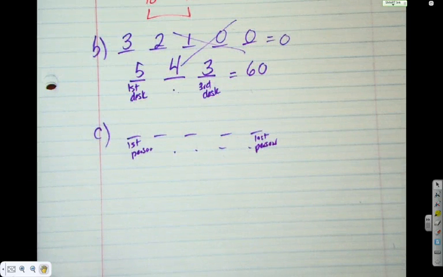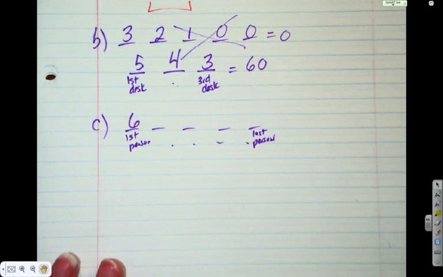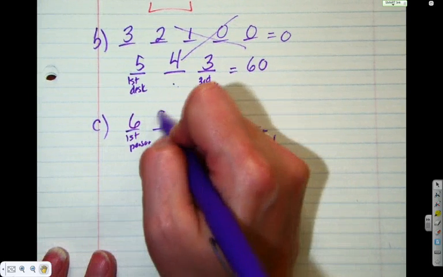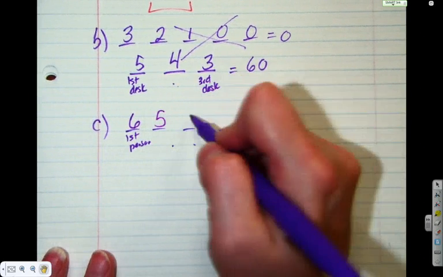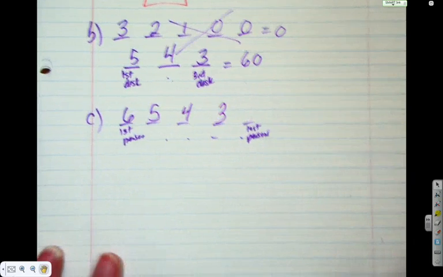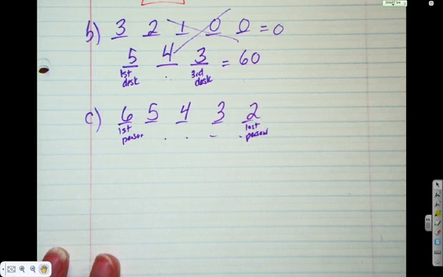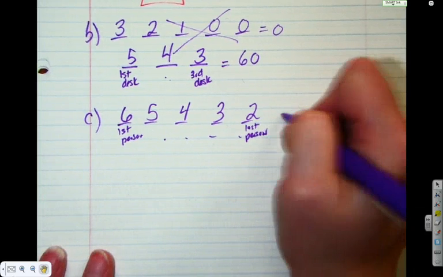First person walks in, how many choices do they have? They pick a seat and sit down. Second person. Third person. Fourth person. The last person. And what do we assume? One desk is empty, and that's fine. There's empty desks here. That happens in seating plans.